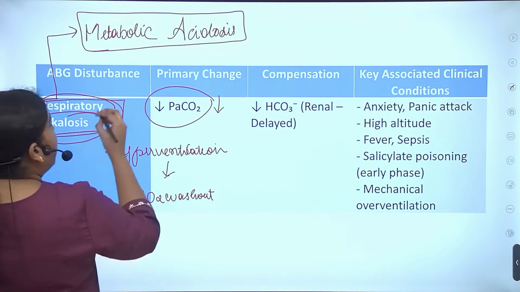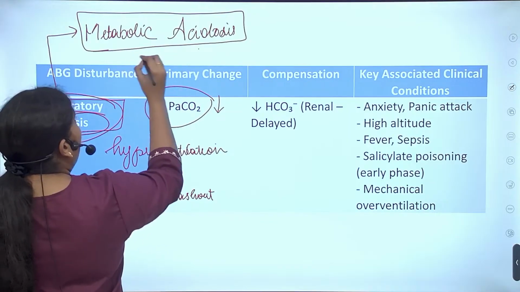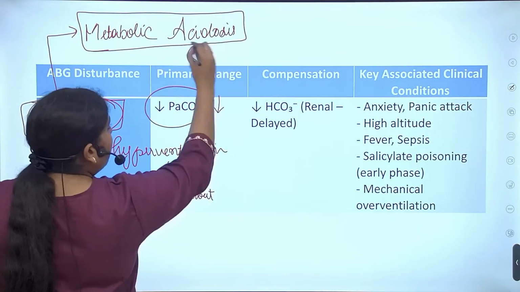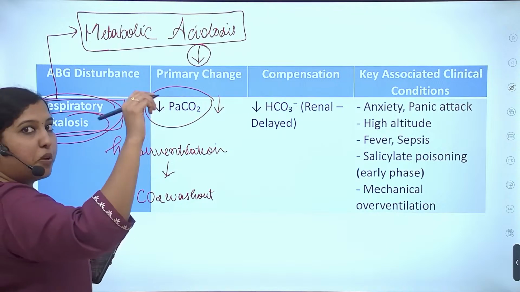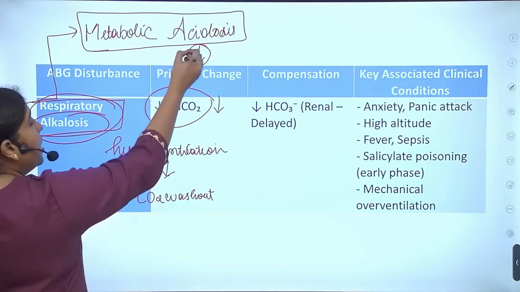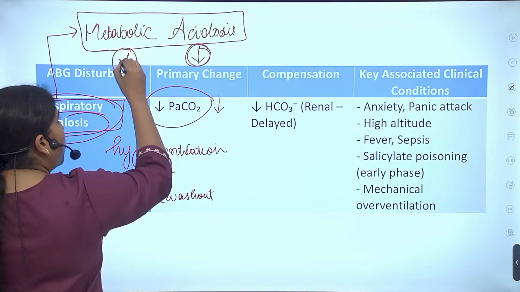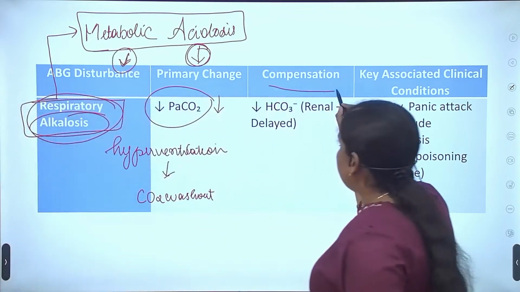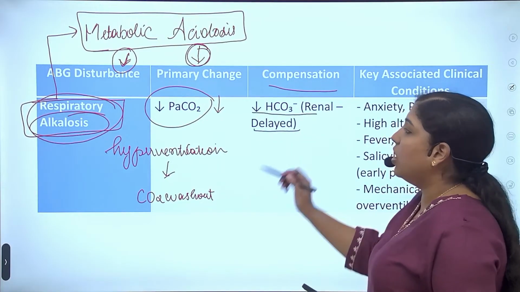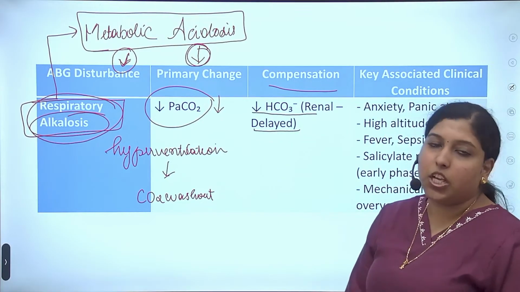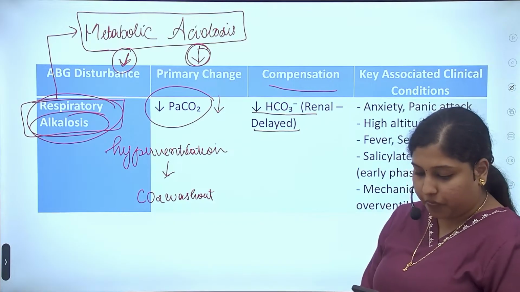So what will happen in metabolic acidosis? The pH will be reducing. Obviously, if pH is going in a downward direction, the HCO3 will also go in a downward direction. Here you can see the compensation, where the HCO3 will be reduced in the compensatory phase, right?